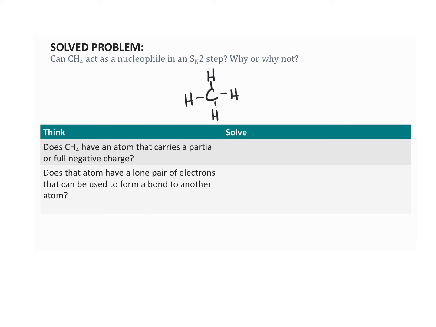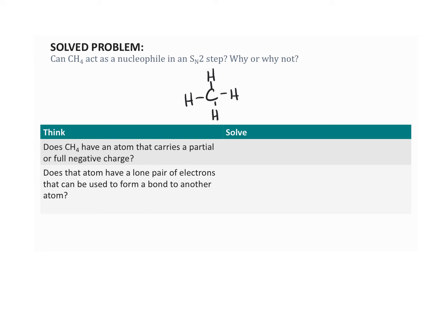The carbon atom here has a formal charge of 0, but it does have a small partial negative charge because carbon is slightly more electronegative than hydrogen. And so the next question is, does that atom have a lone pair of electrons that can be used to form a bond with another atom? And it doesn't, right? There's no lone pair of electrons on that carbon.